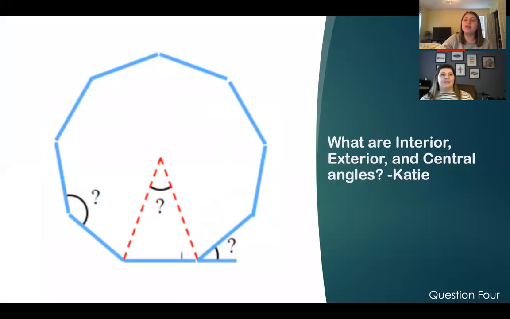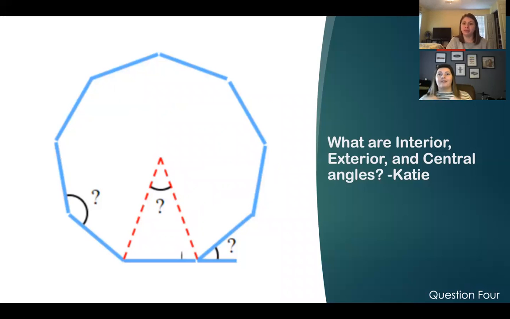So now that we talked a little bit more about concave and complex and solving for the angles and why, what are our interior, exterior, and central angles, Katie? So identifying these things, when I did this problem, I thought, well, central. To me, central is the middle. It's right in the middle. It seems like any town you go to, there's always a Central Avenue.